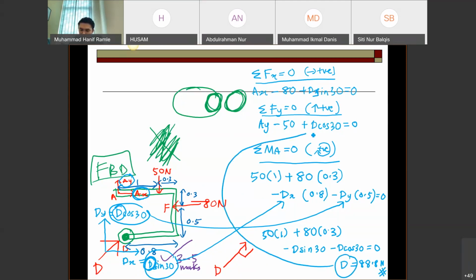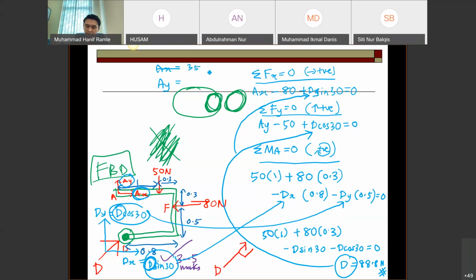So you substitute into this equation and this equation, and you will get AX and AY. AX, how much? AY, how much? So AX from the answer is 35.6.